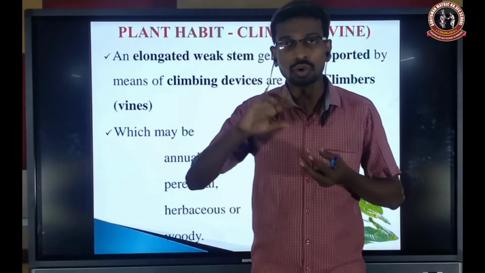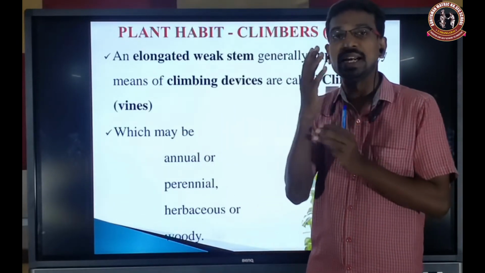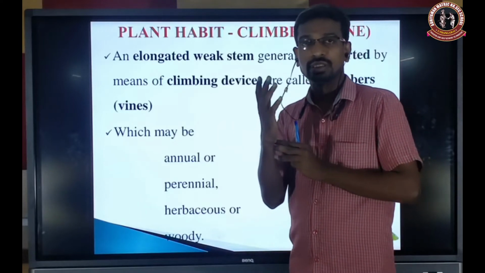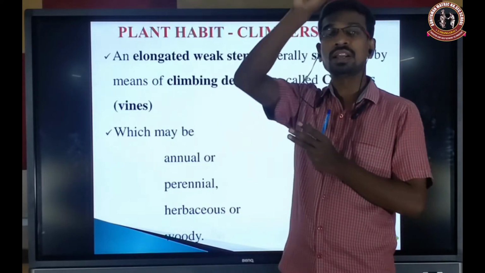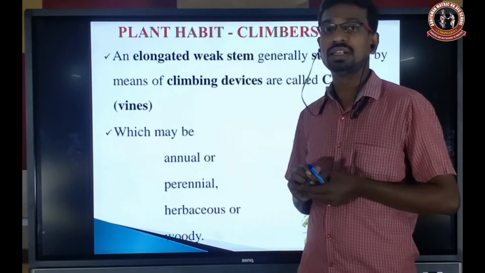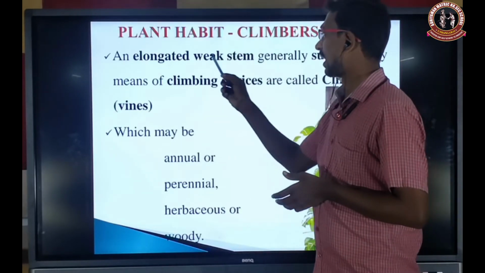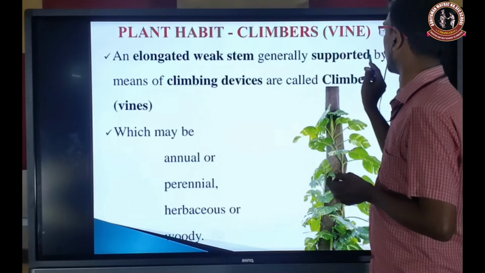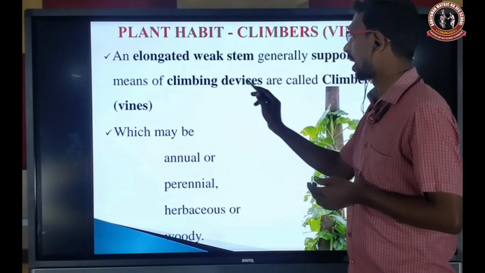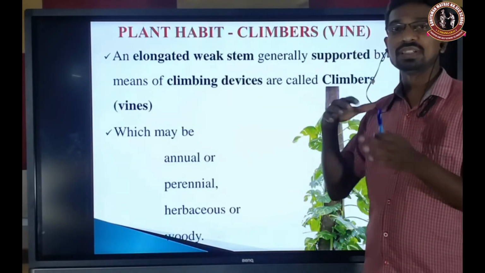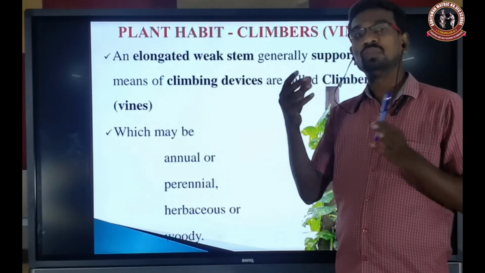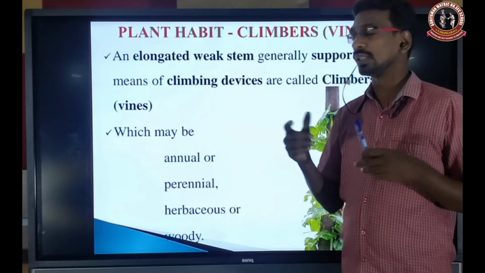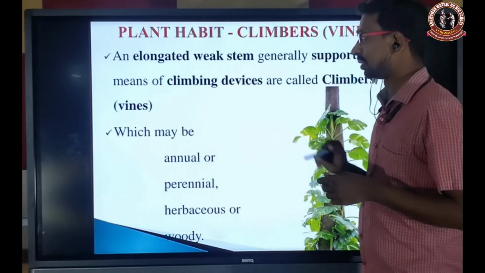It needs a supporting plant to climb, and it will grow and encircle the particular plant. That is a climber. An elongated weak stem is generally supported by means of a climbing device. The climbing device may be a modification of a leaf, stem, whatever it may be. It's generally called a climber.